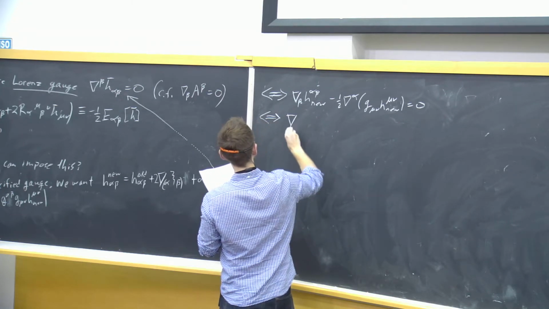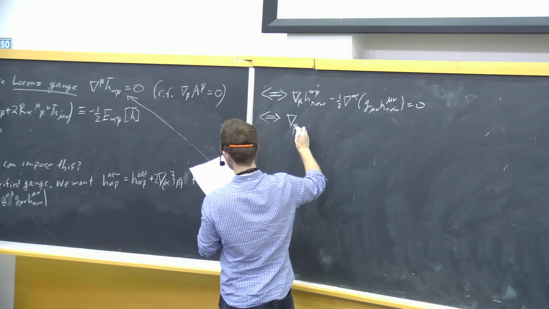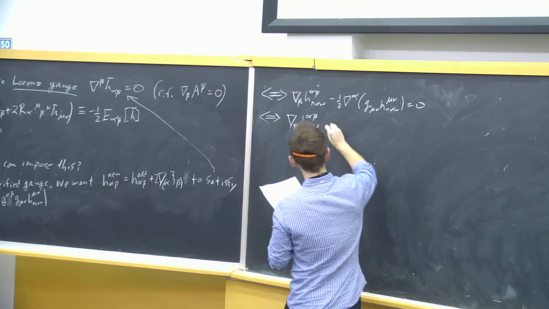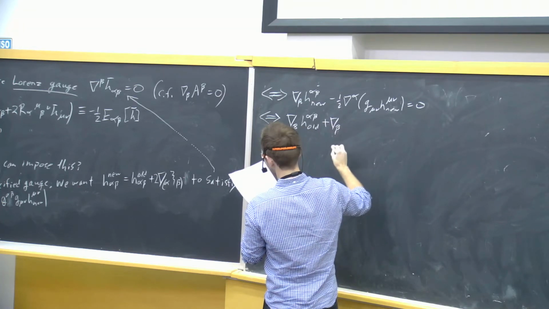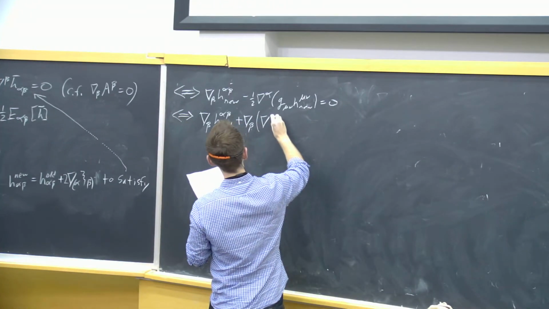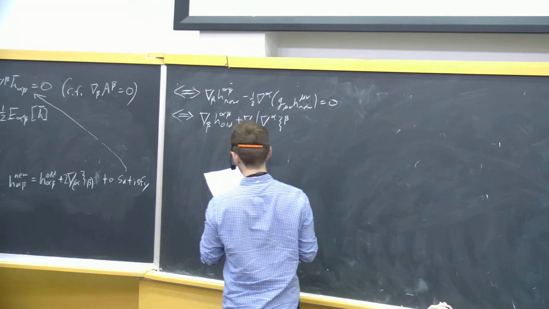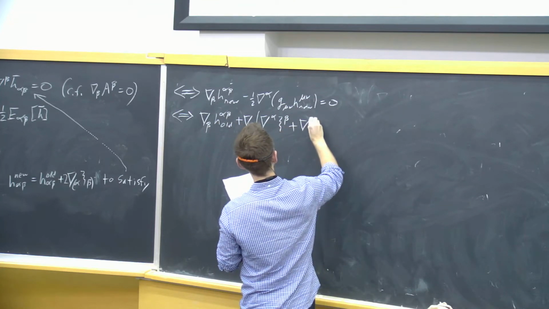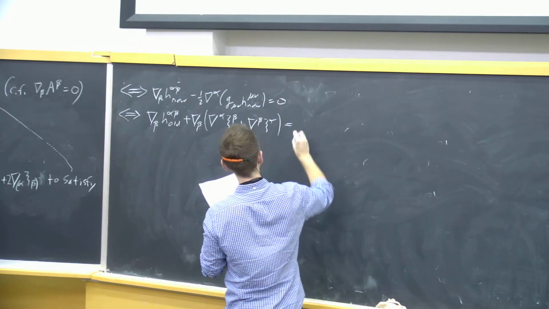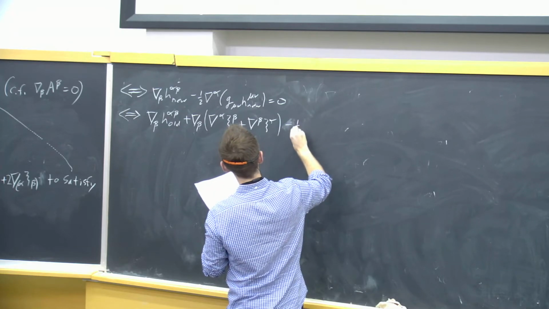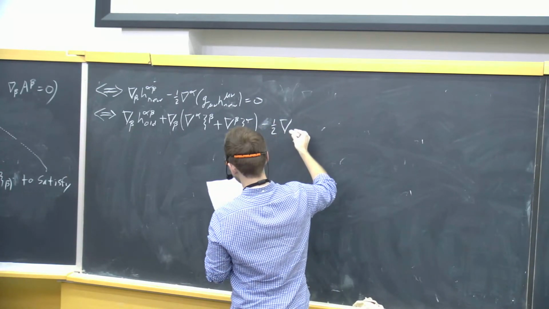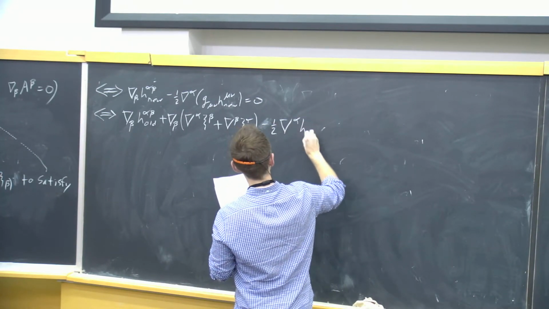So we get the divergence of h old plus the divergence of this symmetrized derivative, now writing out this term, we've got grad alpha h old.